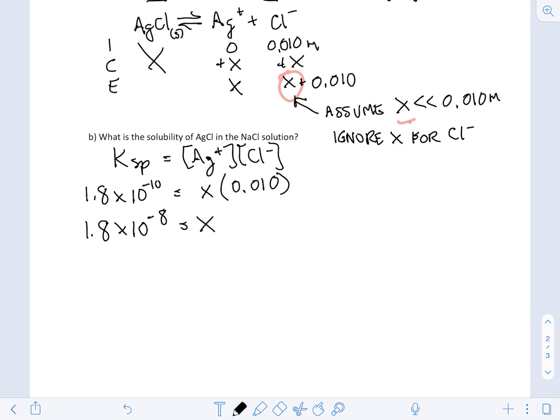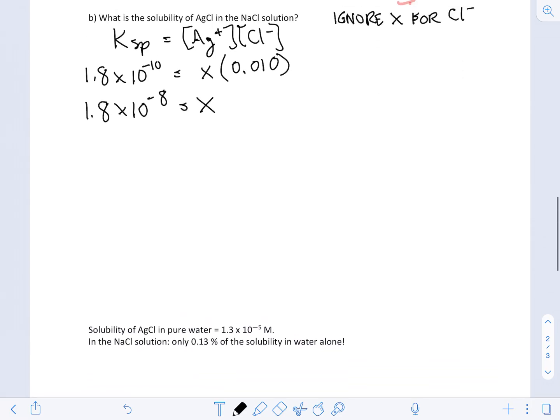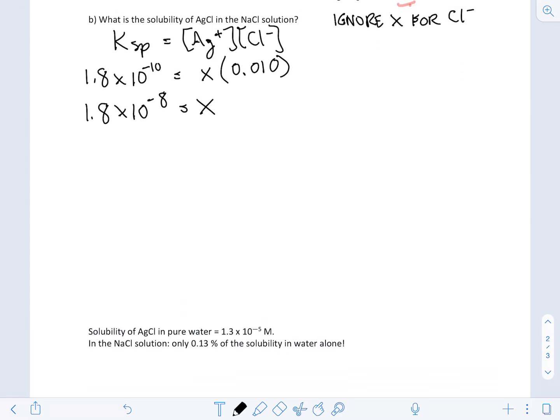Notice that that is the solubility of silver. Now notice at the bottom here, the solubility of silver chloride typically is 1.3 times 10 to the negative 5th. It is tinier because we added this concentration of chlorine ion.